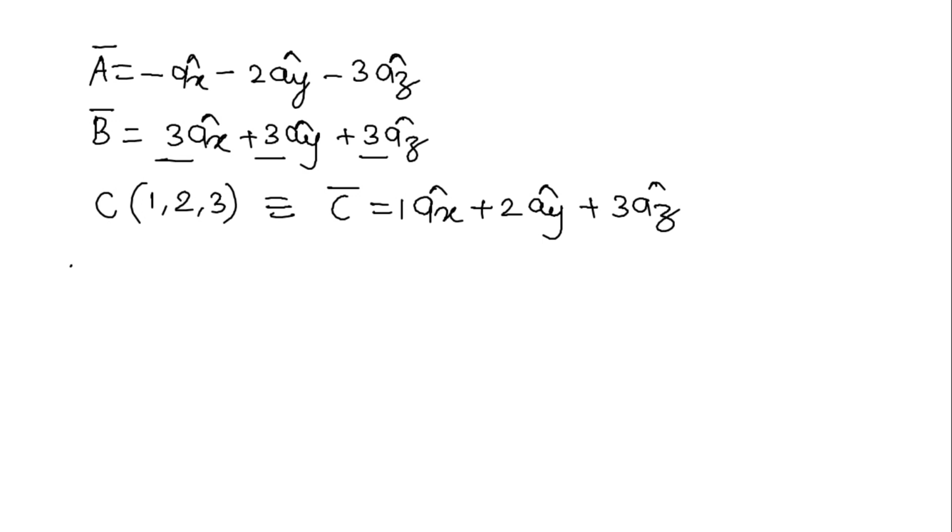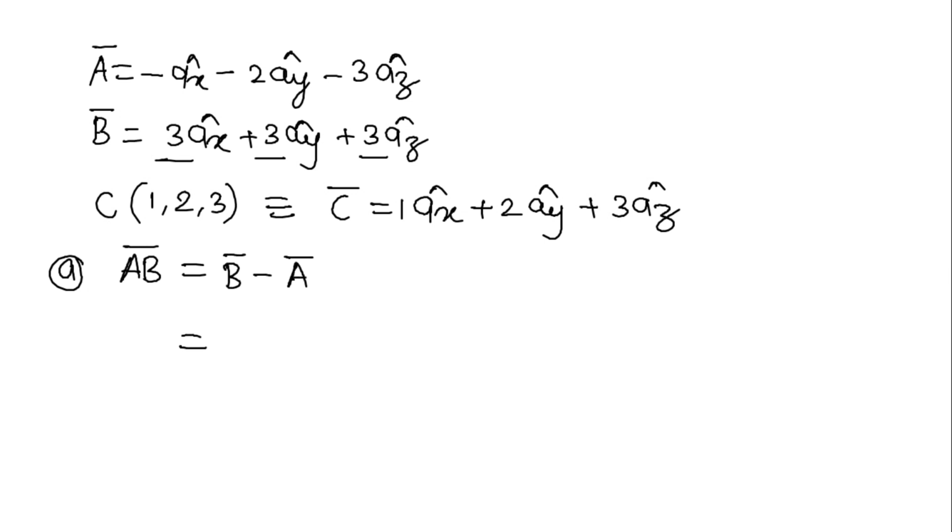Now in part A, what is to be found out? Here we need to find vector AB. AB bar can be expressed as the vector B bar minus A bar.